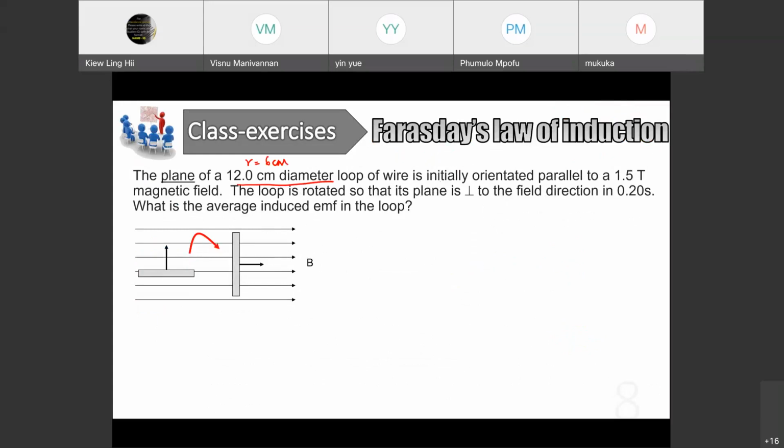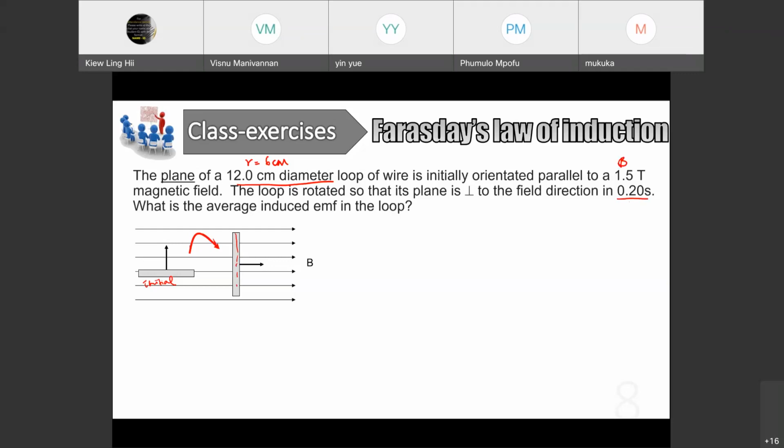The plane of your coil is initially parallel. So this is your initial position, parallel to the magnetic field. The strength of magnetic field is 1.5. The loop is rotated so that its plane is perpendicular to the field. So it is rotated, now it is perpendicular, in 0.2 seconds.